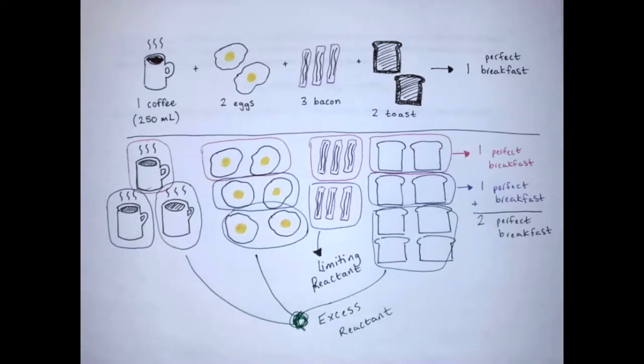All right, so we're going to explore this concept a little bit more in a couple of videos to come. This is just a little analogy to show you why it makes sense. I encourage you to do some reading into limiting reactants.